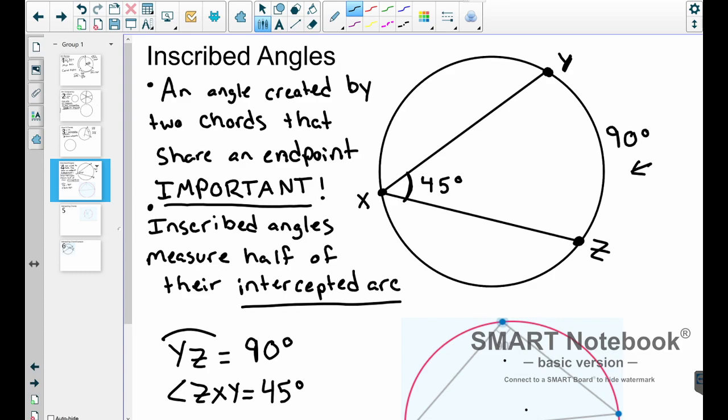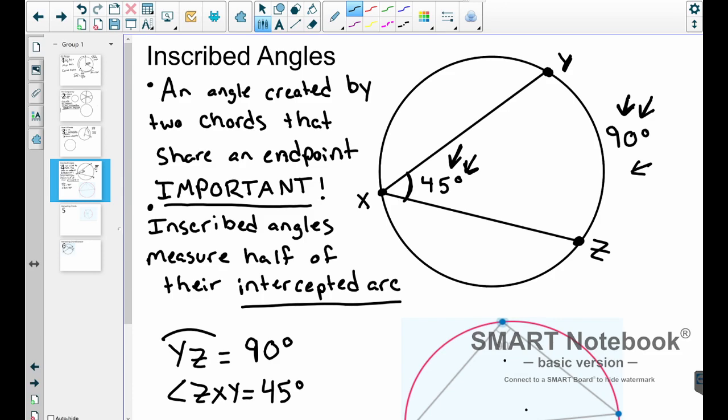And the most important fact about this is that their measure is half of the intercepted arc. If this 90 right here would have been 200, then this 45 would have been 100. If this 90 right here would have been 180, then this 45 right here would have been 90.